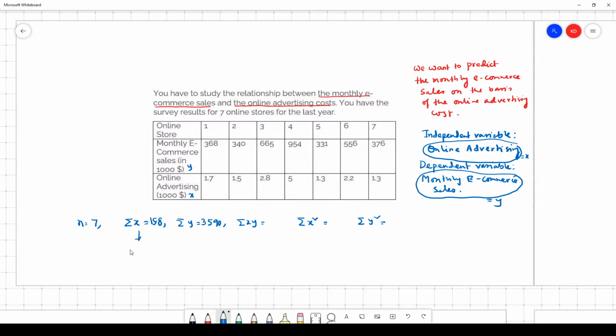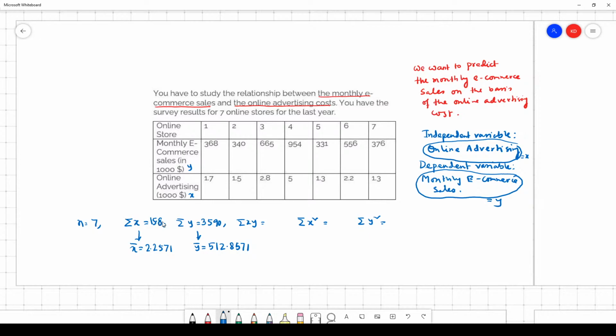And so the mean of X, denoted by X bar, is equal to 2.2571, and Y bar, that is the mean of Y, that is summation Y by 7, is equal to 512.8571. Please do this. X bar is equal to, okay, thank you, Pritam.